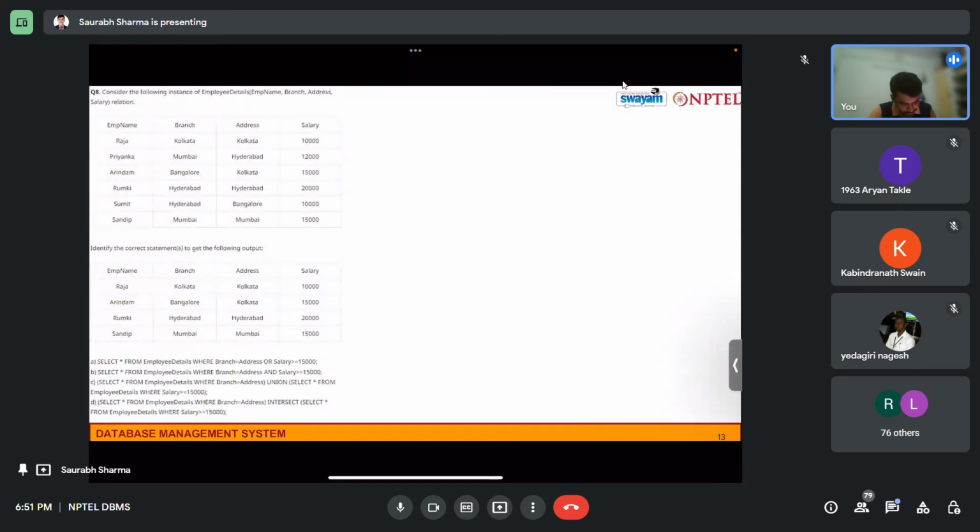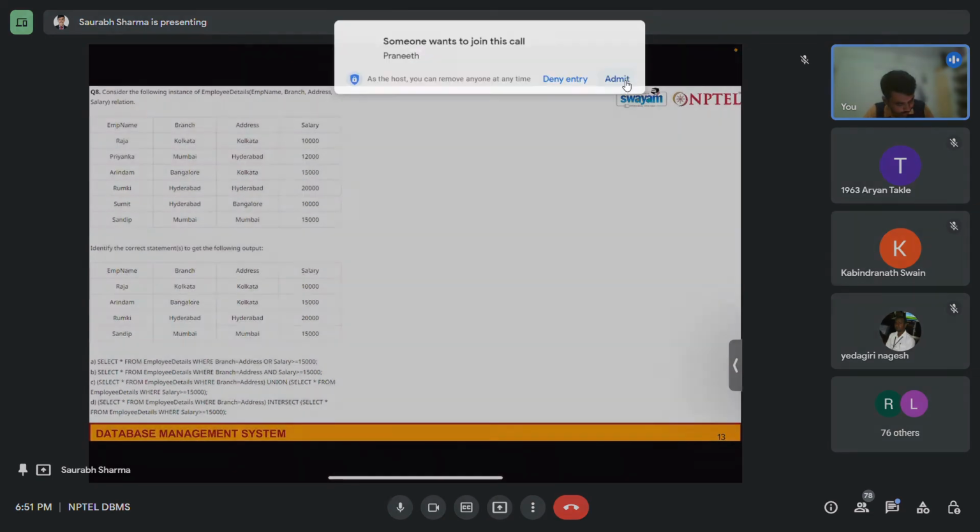The first is: select all from employee details where branch is equal to address. There are two conditions. First, branch is equal to address. Second, salary should be greater or equal to 15,000.